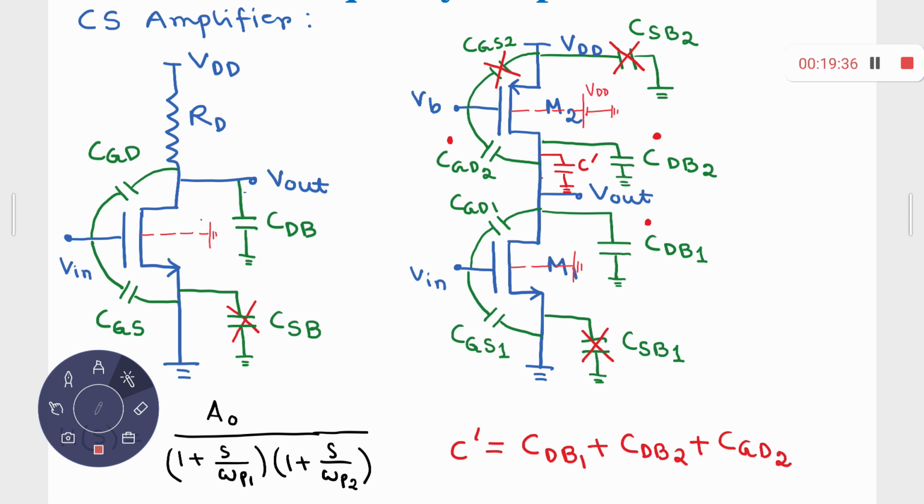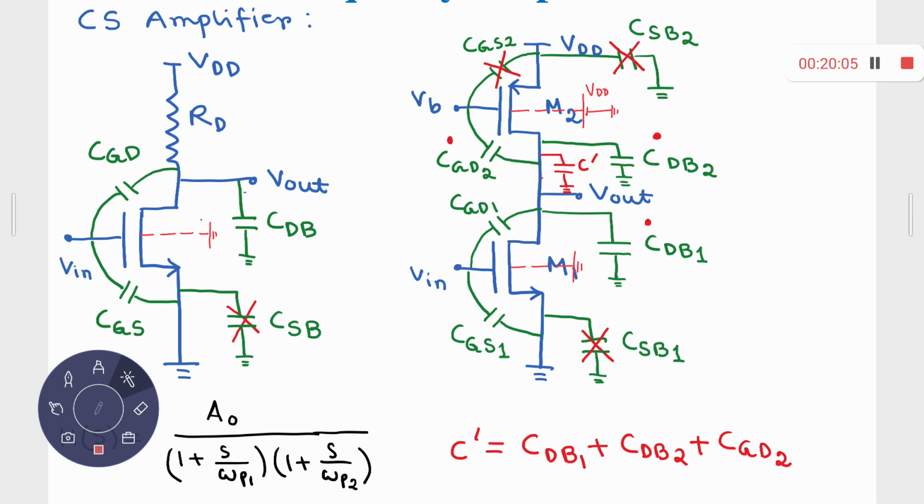So now at gate 1, you have 2 capacitors. One is CGS1 connected to ground, and another is the component of CGD1 connected between gate 1 and ground, the decomposed CGD1.